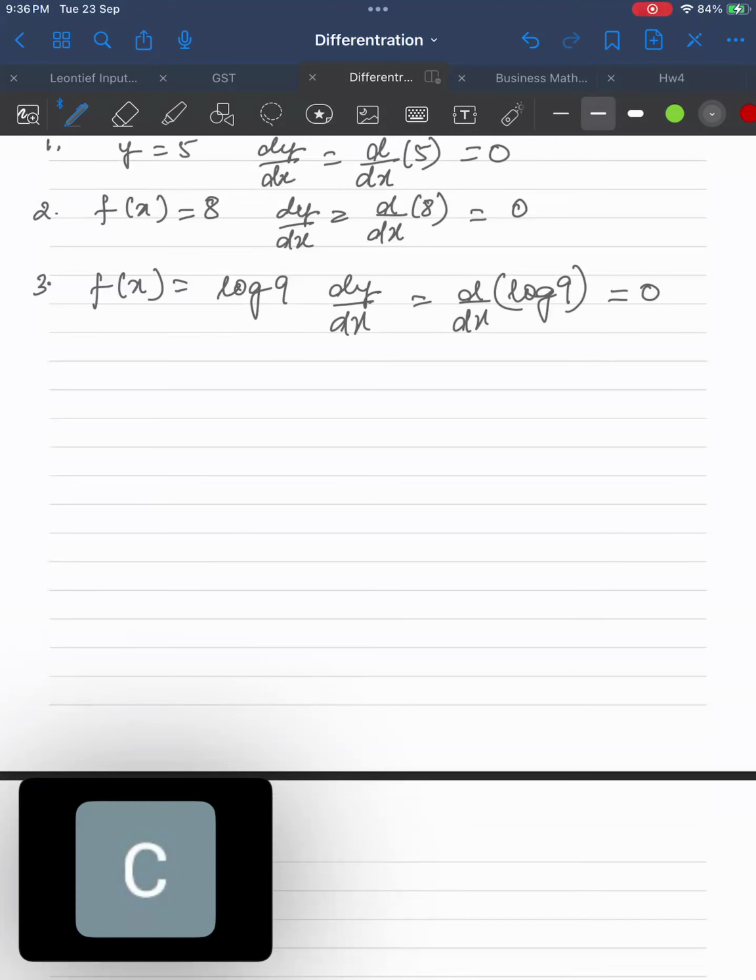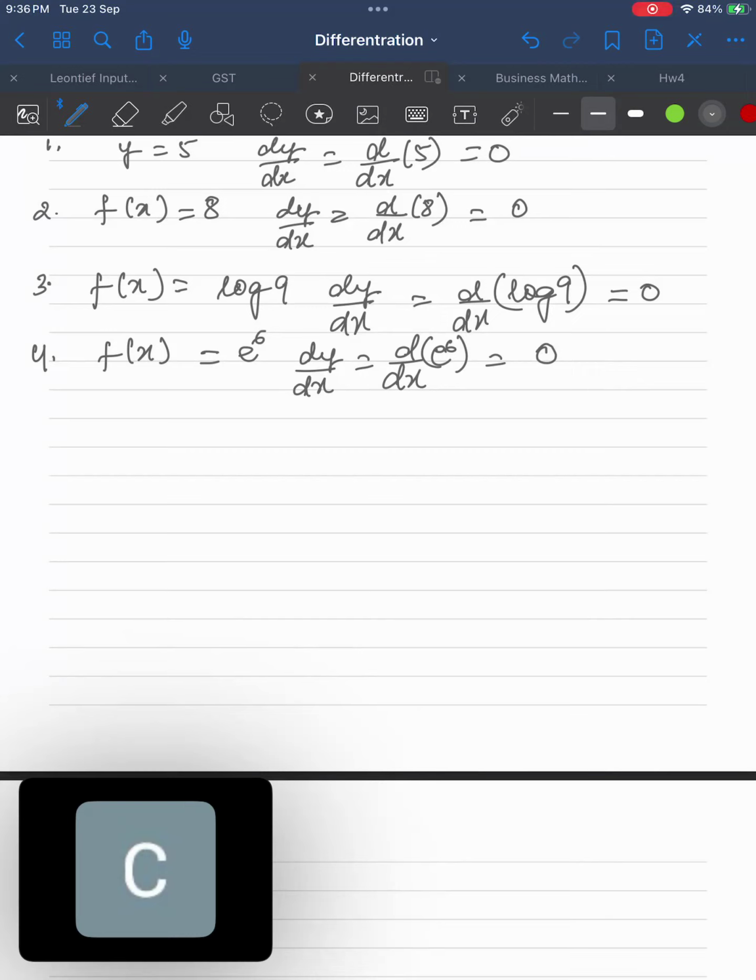Suppose some function is e to the power x. No, not the x; let me take this with the 6 first. Are we following constants? Some constant number 6. In this, dy upon dx would be d upon dx of e to the power 6. It would again be 0.